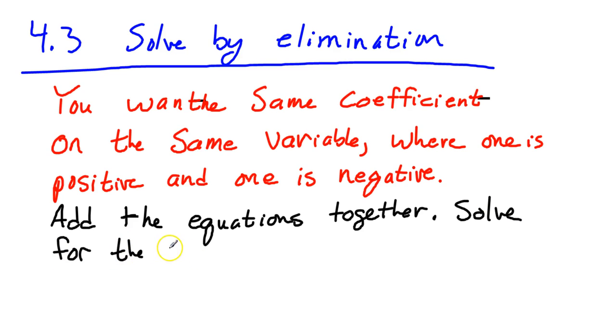And once you've added the equations together, if one's positive and one's negative, they're going to knock each other out. That variable is gone, which is the elimination part. And once you've got one variable eliminated, you just solve for the remaining variable.